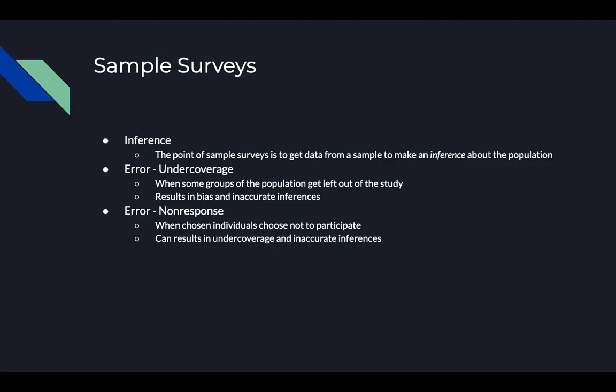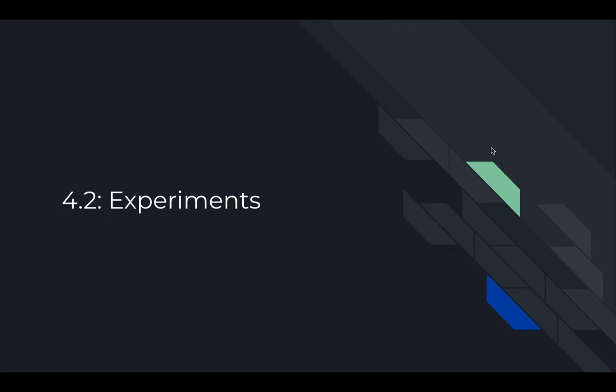This results in the population being skewed to the groups that are left in the study and results in inaccurate inferences. The other problem is non-response bias, when certain individuals choose not to participate after they've already been chosen to be in the study, which again can result in certain groups of people not being represented in the survey and creates inaccurate inferences.